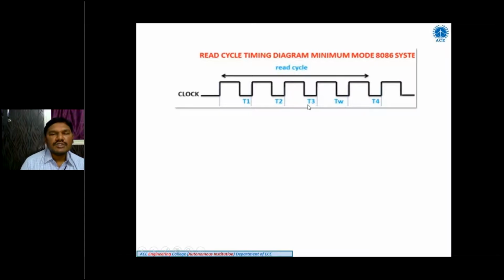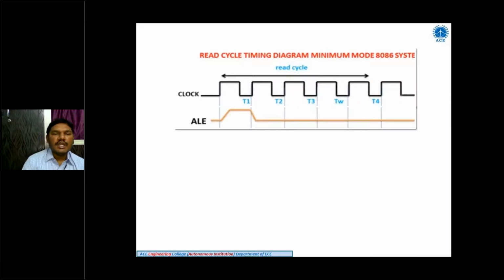And here, first, to give the address or data, we have to enable the ALE. ALE stands for address latch enable. If ALE is 1, it gives the address, and if ALE is 0, it gives the data.